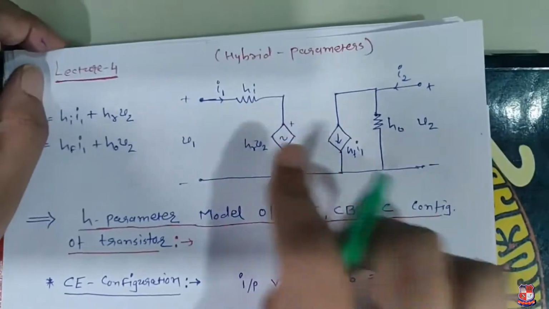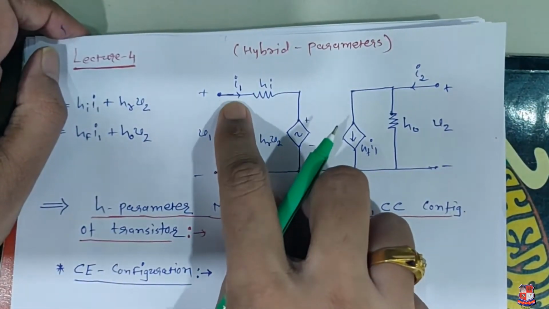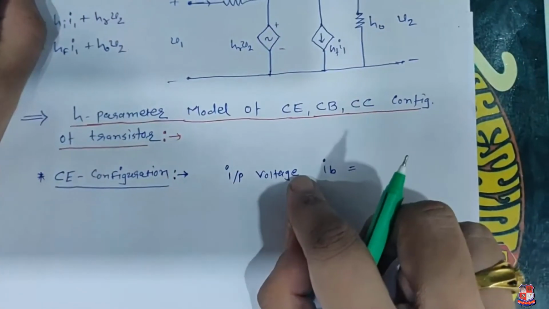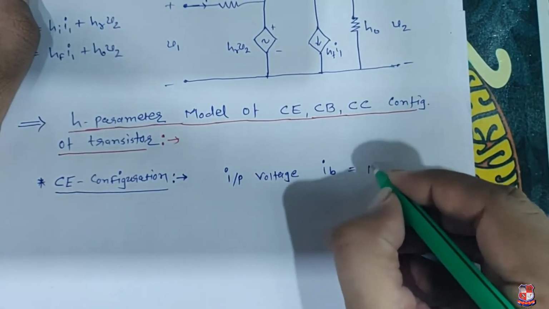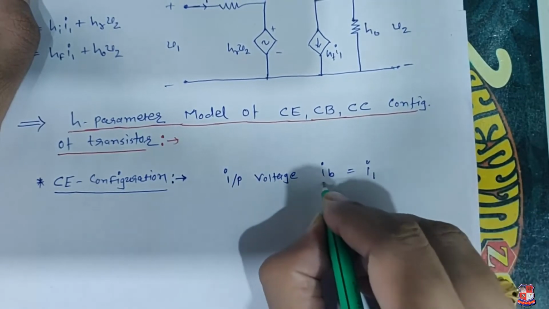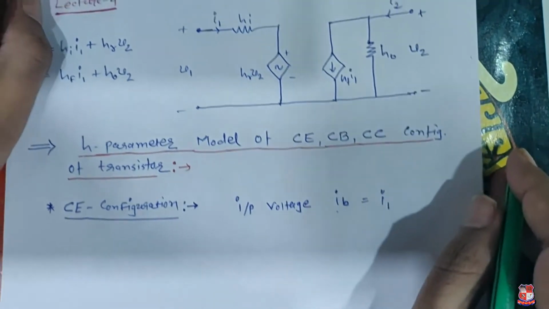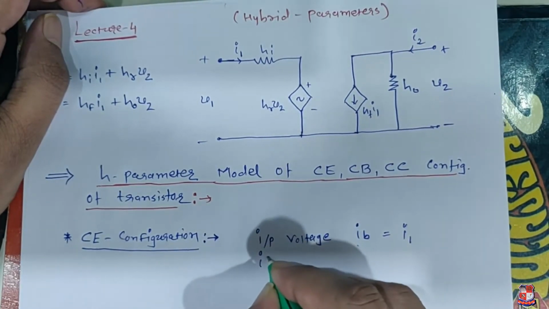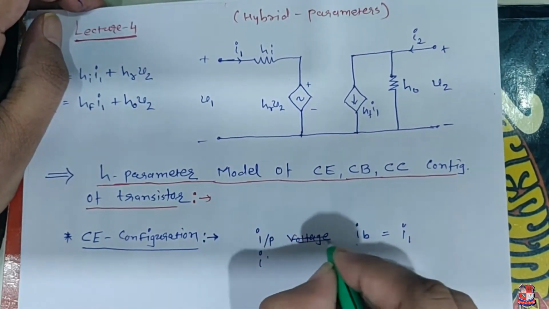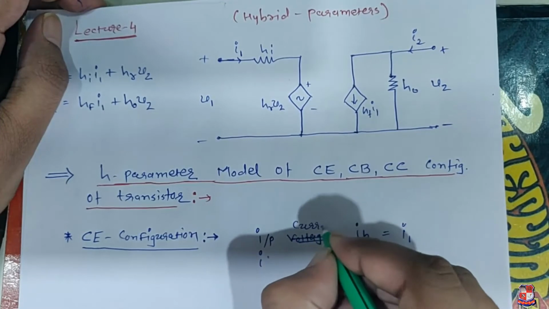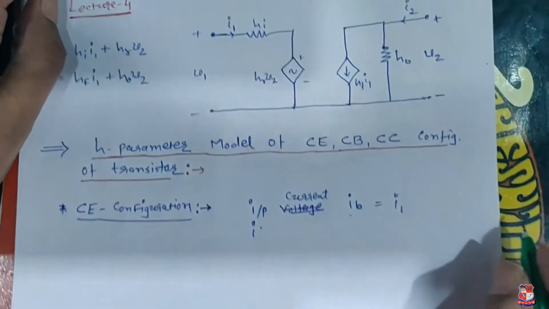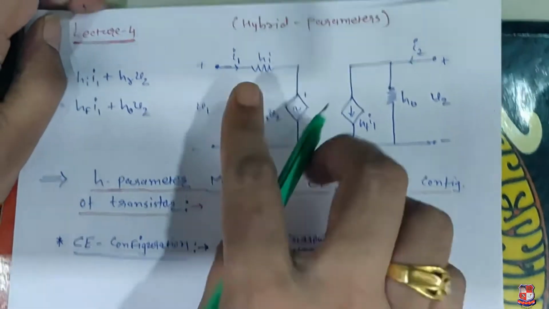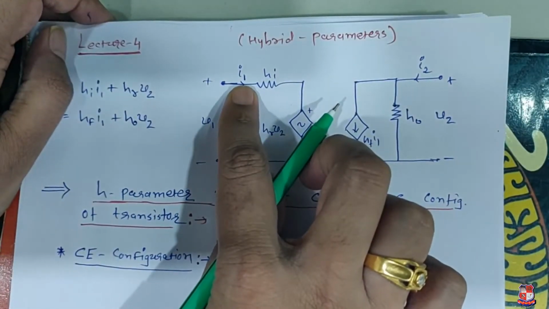Now if we see this circuit, here the input current is I1. So we will replace this name I1 with IB. Input current IB, and in this circuit it is I1.